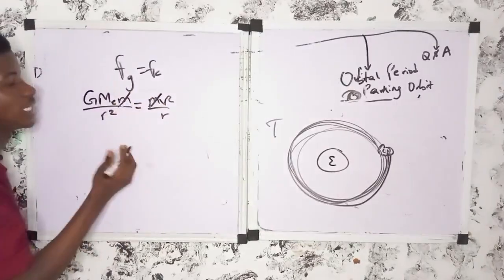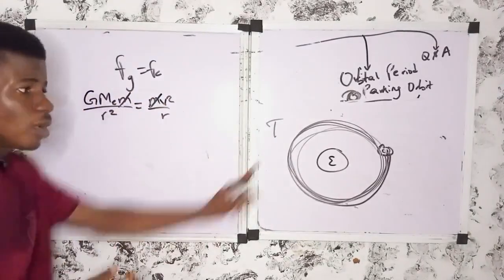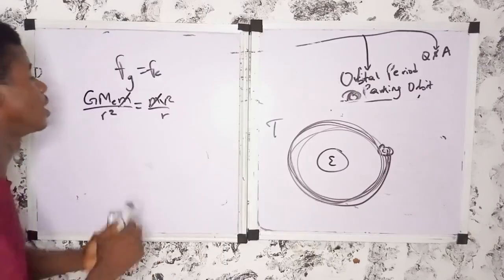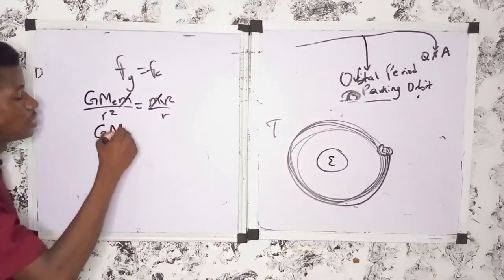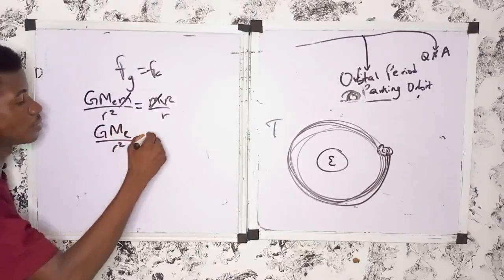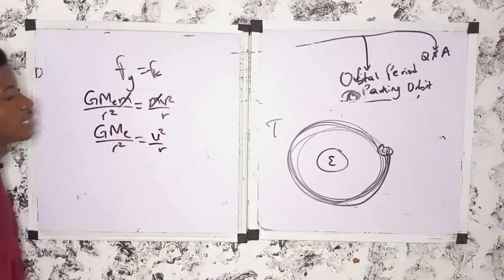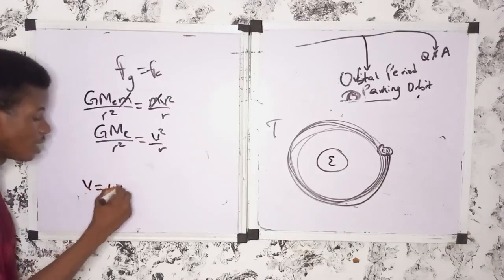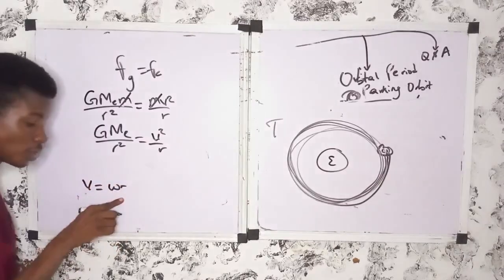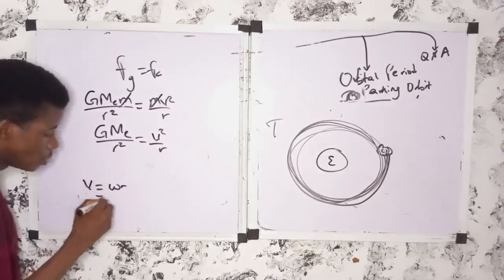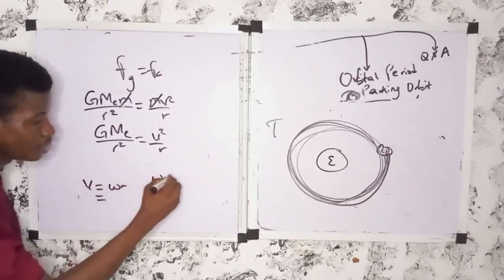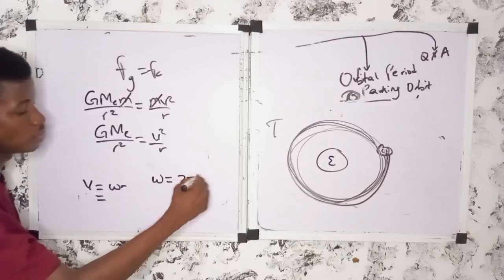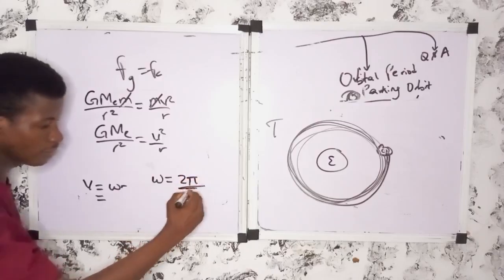And so then we want to get the orbital period. So we have G M E divided by r square equals v square over r, right? Yes. Now what is v? We all know that v is what? v equals omega r, right? From circular motion, v is omega r. But omega is equal to 2 pi over T. You understand?